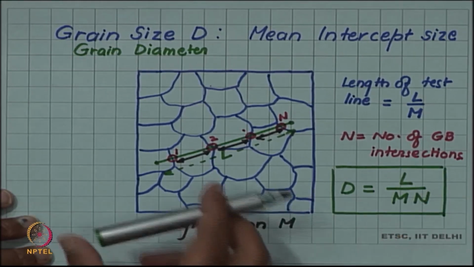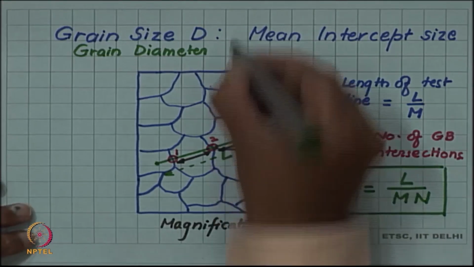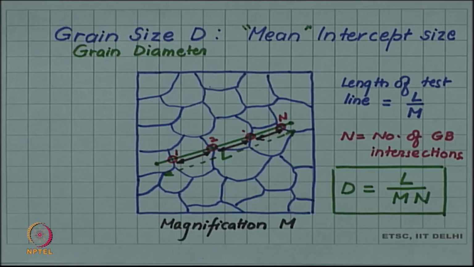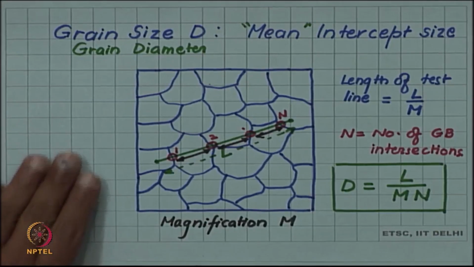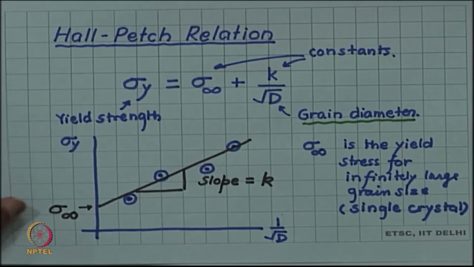Of course, you will have to take various test lines and take the mean of it, and that is why the phrase mean intercept grain size is used. This kind of grain size is what we are talking about when we want to use the Hall-Petch relation.